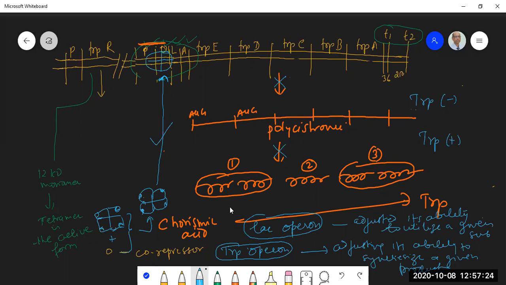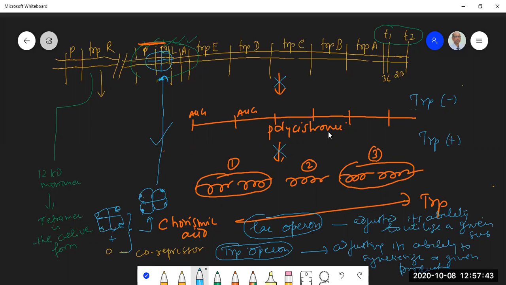Whereas lac operon remains switched off unless that specific substrate comes into the medium. That is, as long as lactose doesn't come into the medium, it will remain off. As soon as the lactose comes into the medium, it will get switched on.